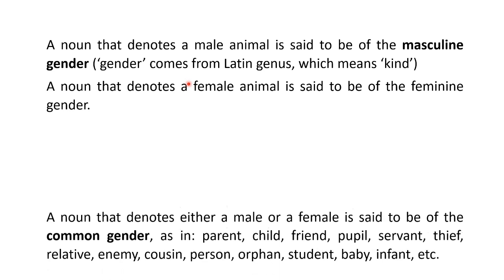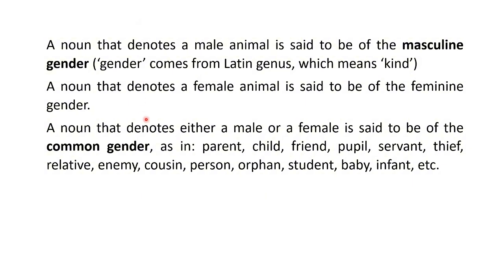Now, a noun that denotes either a male or a female is said to be of the common gender. For example, parent. Parent can be male or female. For example, child. Whether it's a girl or boy, a child is a child. Enemy, common gender. Cousin, common gender. Person, common gender.